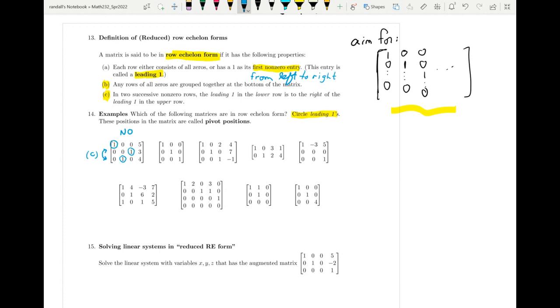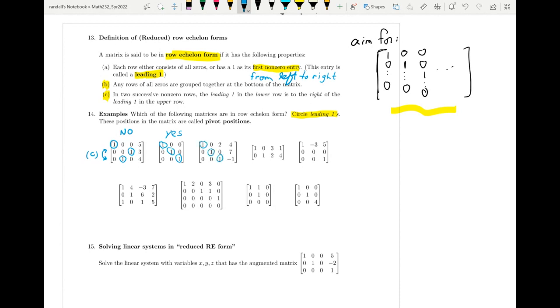So the leading one in the third row should be further to the right than the leading one in the second row. If I interchange those two rows, then it would be in echelon form. The next one, I'll circle the leading ones, and this one is in echelon form. You see the first entry is a leading one, and the leading ones move to the right as I move down the matrix. Let's continue on.